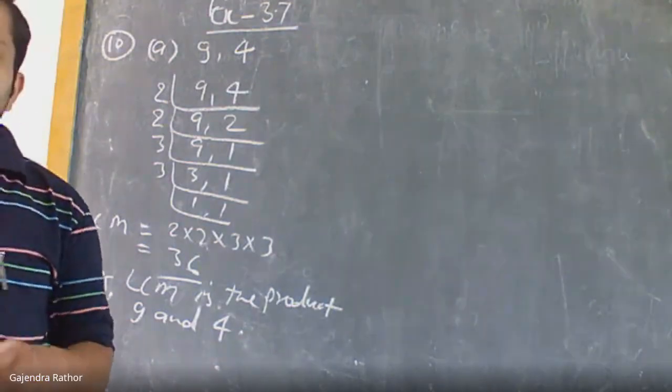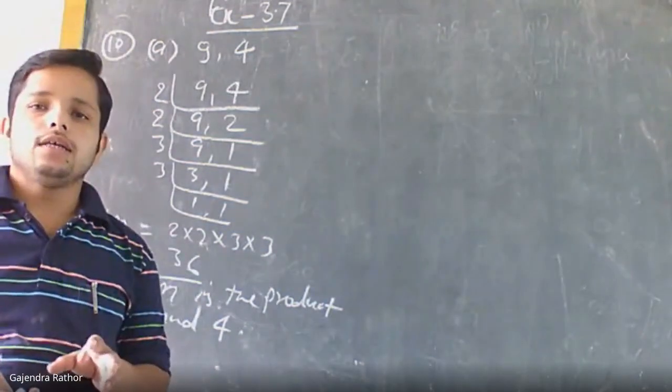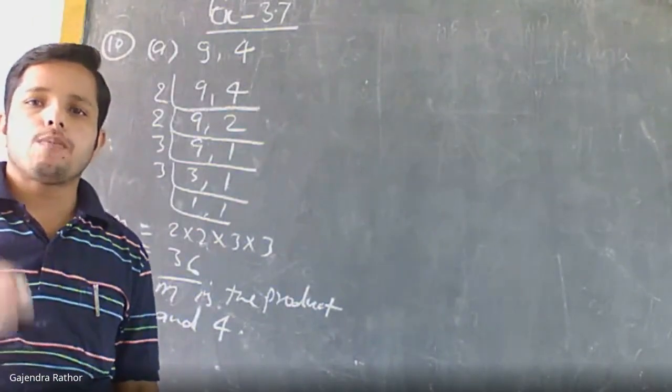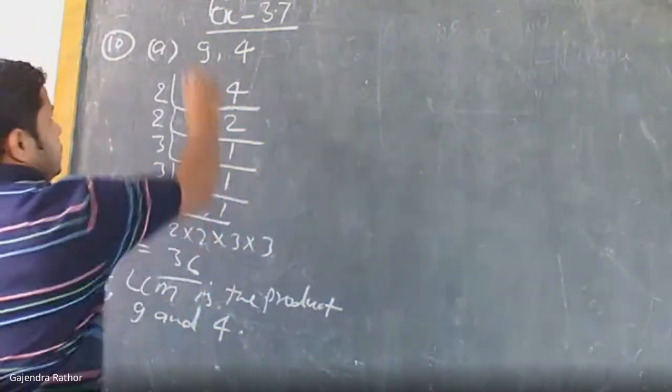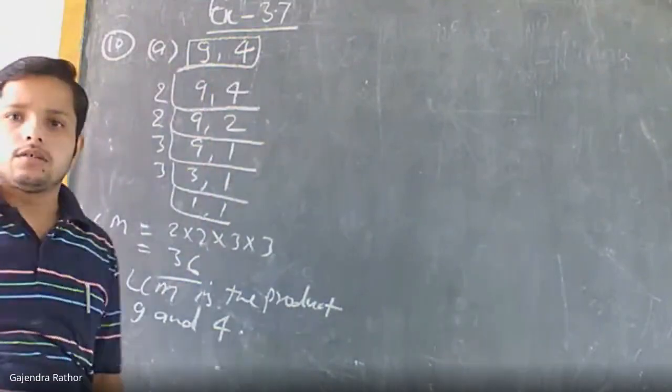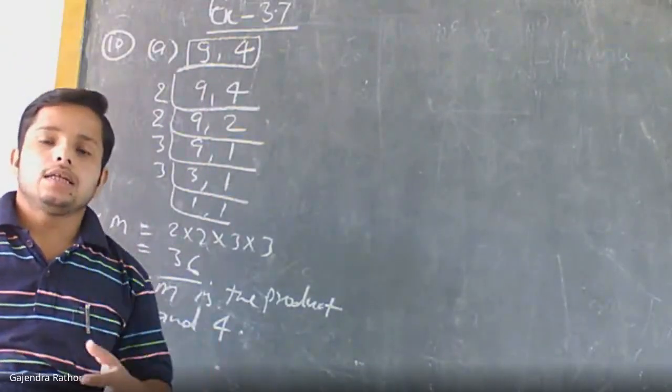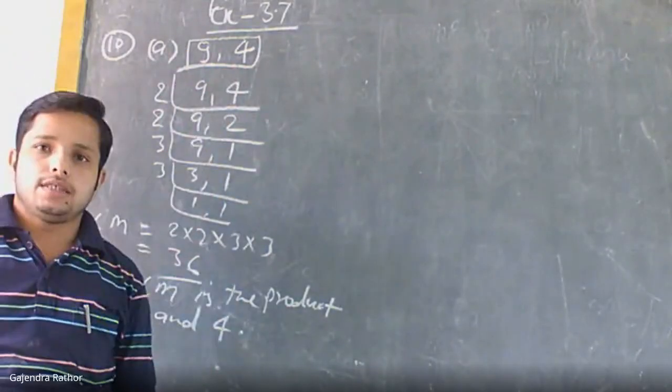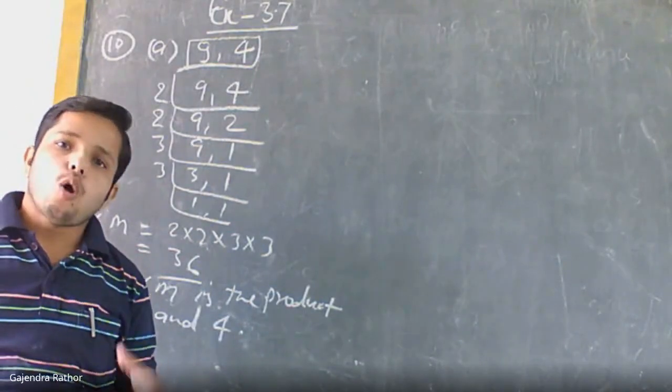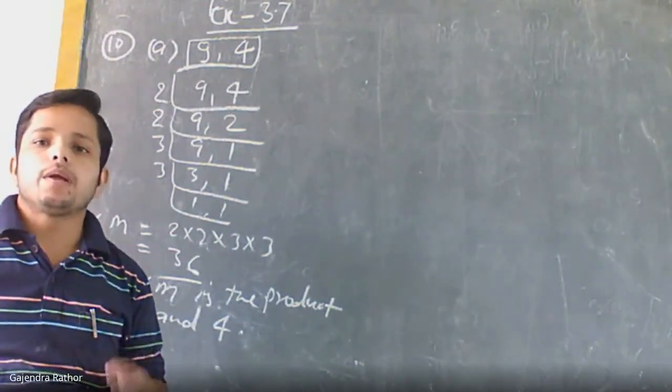Okay. Let's listen. Why is LCM equal to the product of numbers? First, identify these numbers. In the previous class, we studied co-prime numbers.